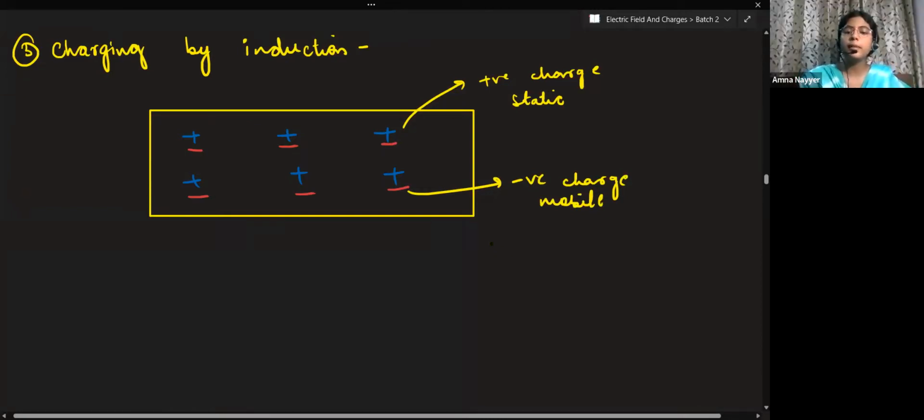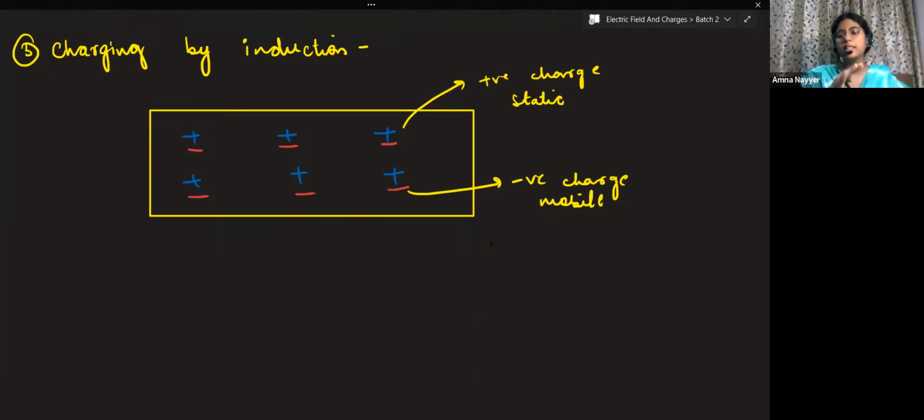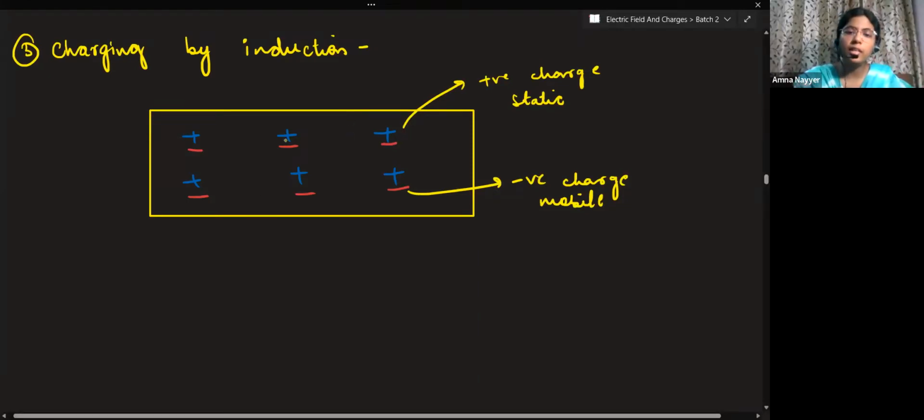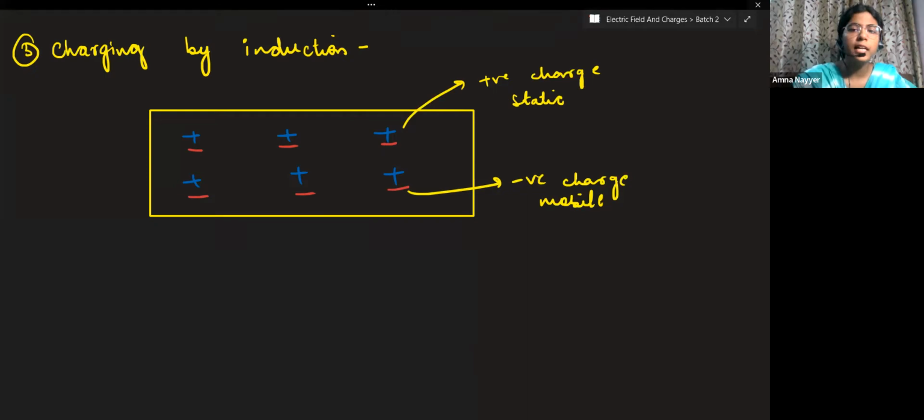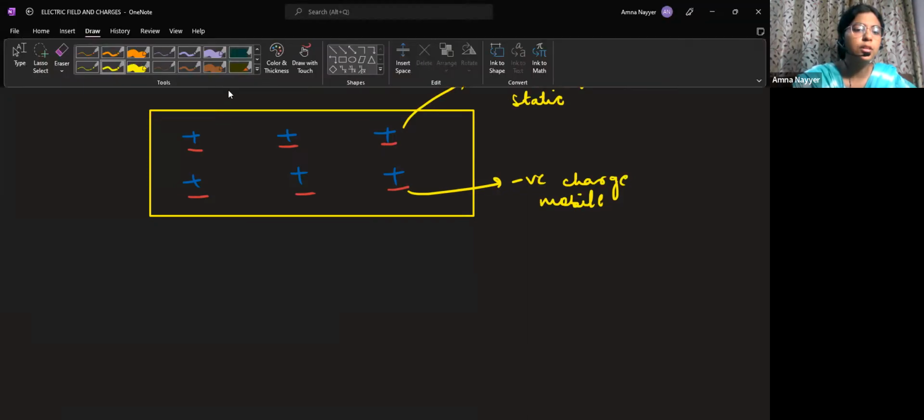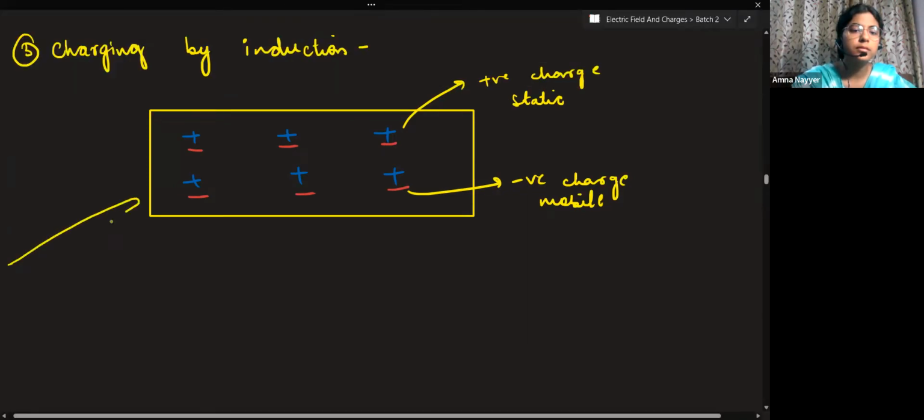Now see what is meant by induction. When a charged body is brought near a neutral object, like if I bring a glass rod near it. This was the neutral state of the body. Now see, I have brought a glass rod.